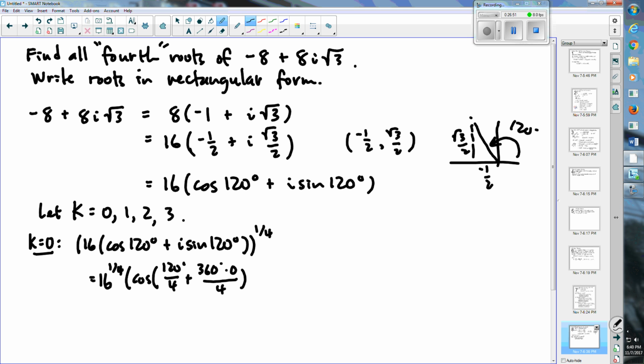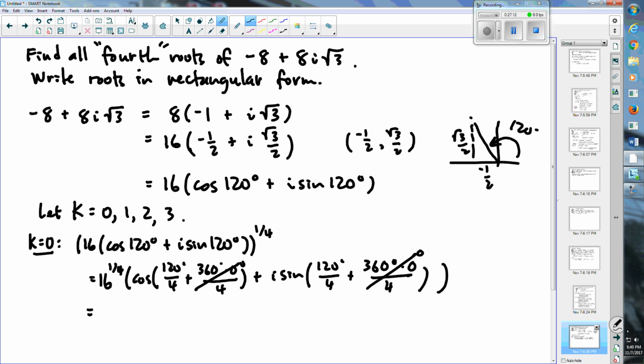This term drops out because it's 0, plus i times the sine of 120 degrees over 4 plus 360 degrees times 0 over 4. This piece also drops out because it's 0.